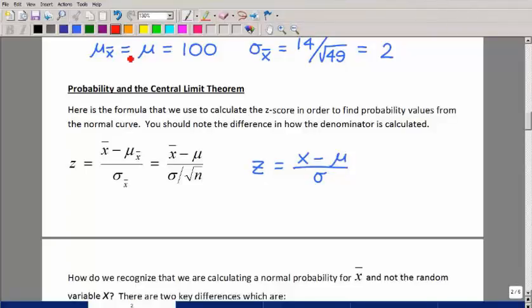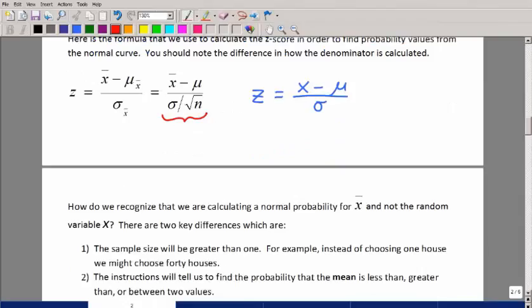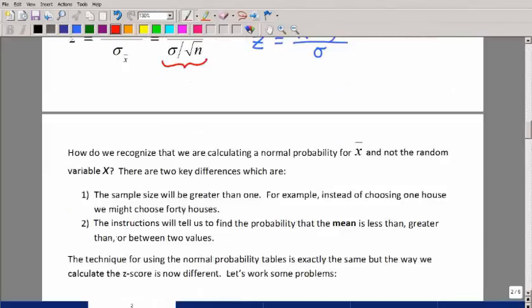But now, look at my denominator. It's sigma divided by the square root of n. As long as we do that, the way we interpret the z-score, either using the calculator or using the chart, will be the same. So as long as we remember to do this, we will be in good shape.